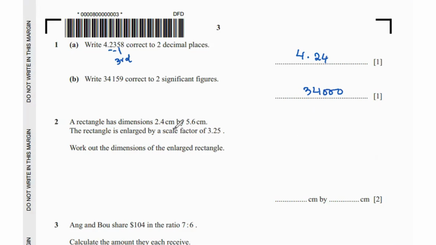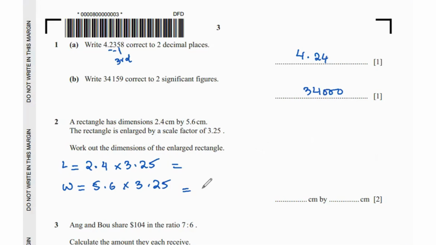The rectangle has dimensions 2.4 centimeters by 5.6 centimeters. The rectangle is enlarged by a scale factor of 3.25. We have to work out the dimensions of the enlarged rectangle. So if the scale factor is 3.25, for the length we will multiply 2.4 by the scale factor, and for the width we will multiply 5.6 by the scale factor.